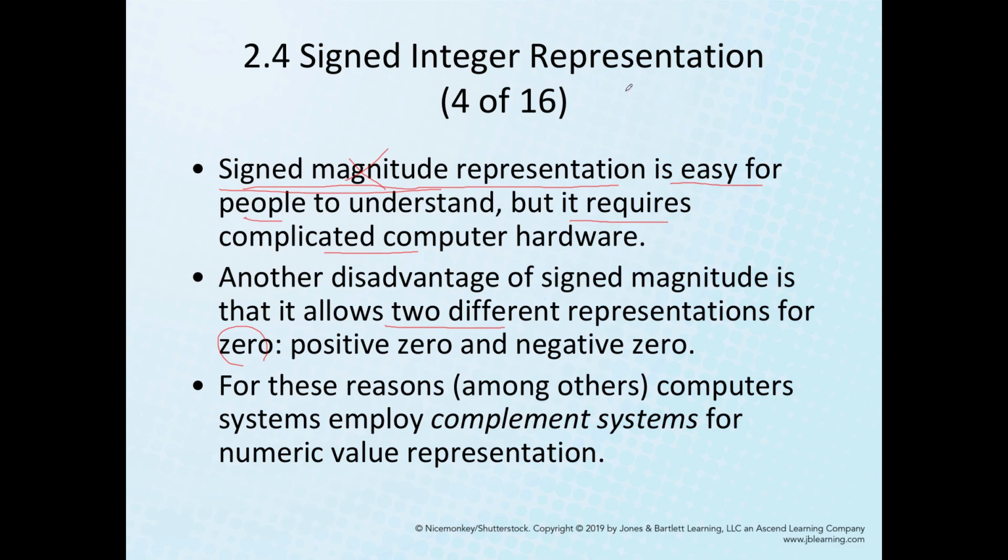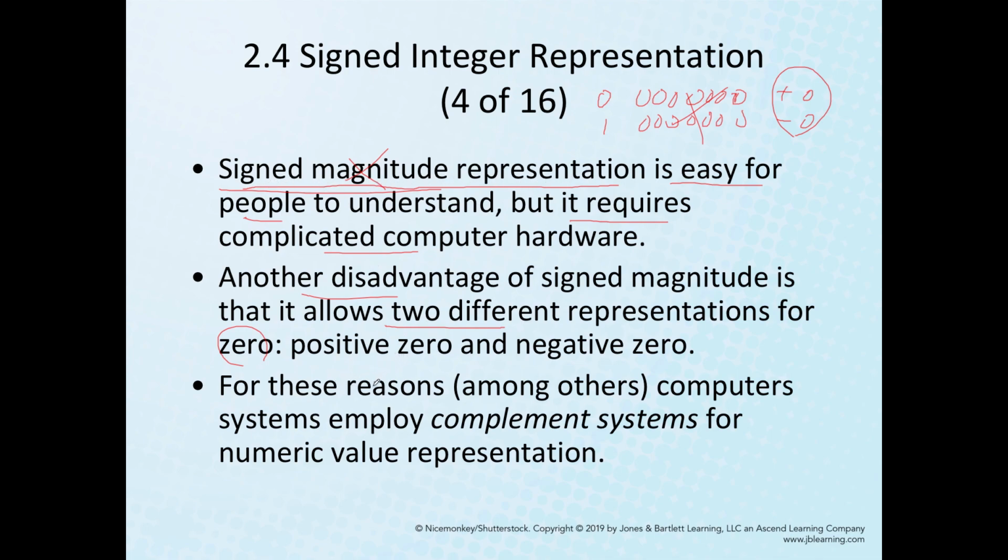In 8 bits, if the 7 bits are 0, then the value is 0, but you can have a positive 0 or a negative 0. Differentiating those two zeros is meaningless. That's another disadvantage of signed magnitude representation.